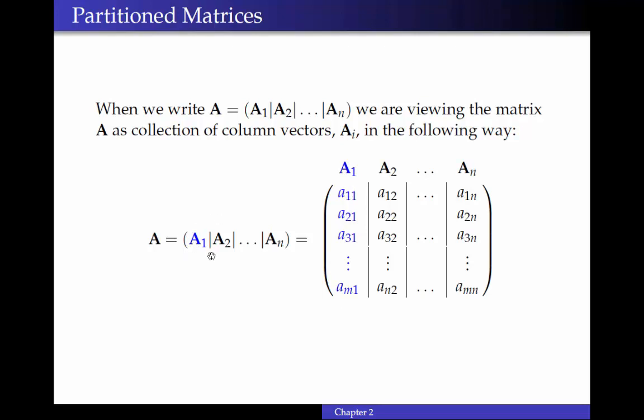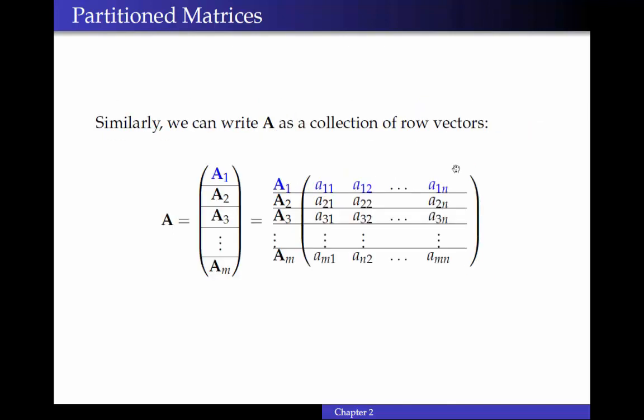Now, we already have some notation for this with the star. This would be A star 1. But that gets a little bit clumsy and rough on the eyes. So we're just going to write it like this, and we're going to drop those stars out. It'll always be clear whether we're talking about rows or columns because we're going to write them either vertically or horizontally.